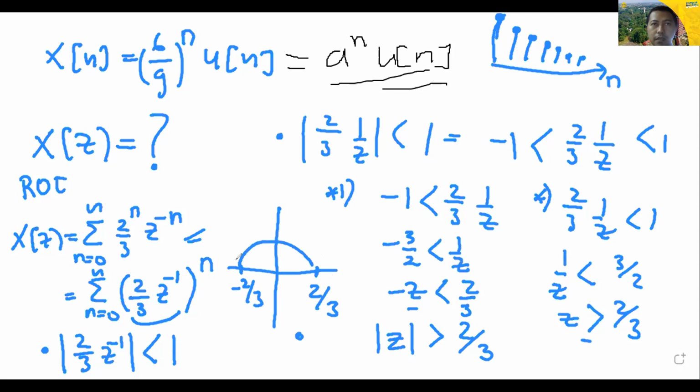We can make a circle. So the region of convergence is outside of, let's say, this one.